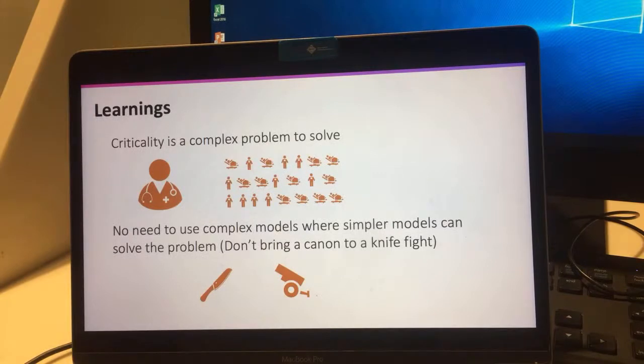Patient's condition is a complex problem to solve, but it turns out that to solve complex problems, you don't always need complex models. So that's an extremely important point. Just by using traditional machine learning methods, we are actually able to get better results.